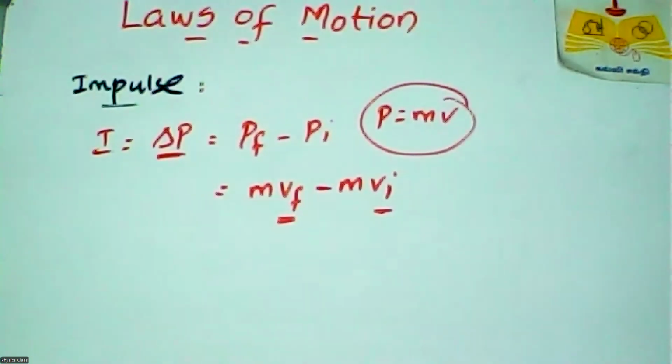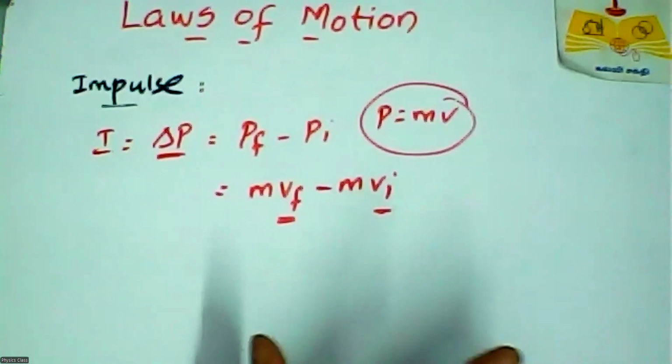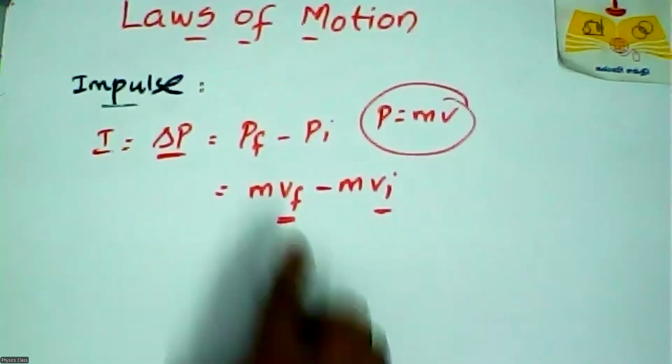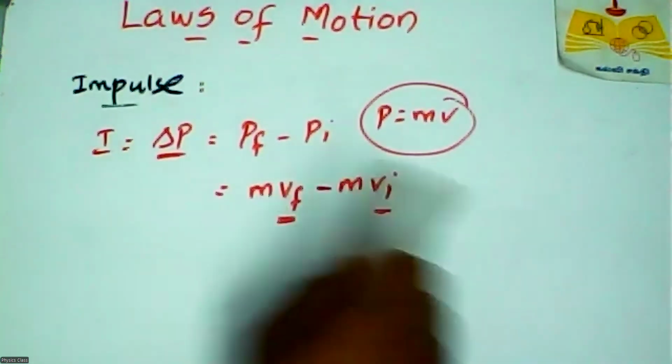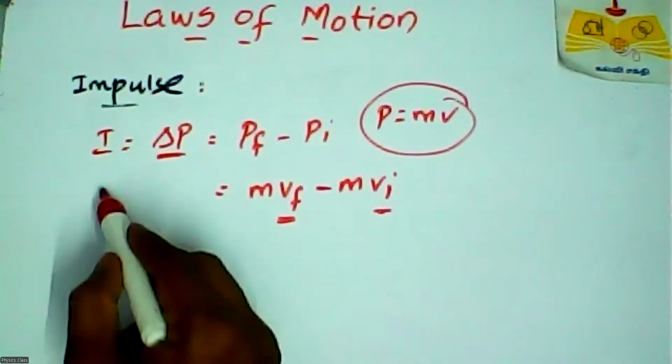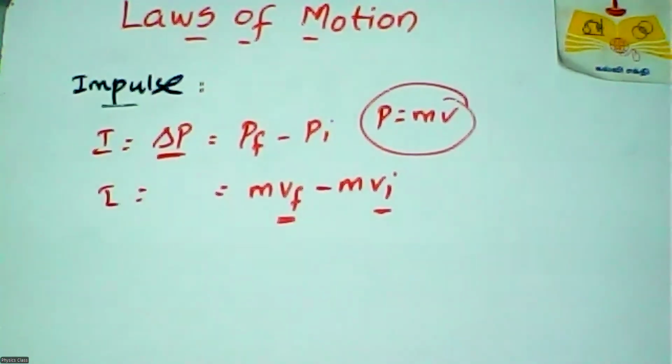In our case, the car passing on the road has some velocity, say 5 to 10 meters per second. Once it hits the tree, that velocity comes to zero. So the final velocity is different from the initial velocity, Vf and Vi.